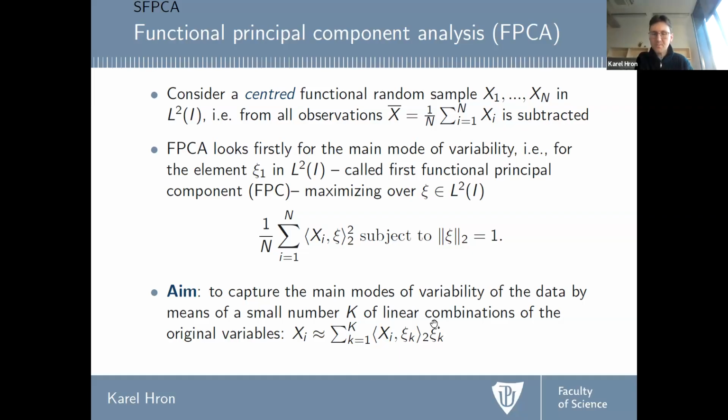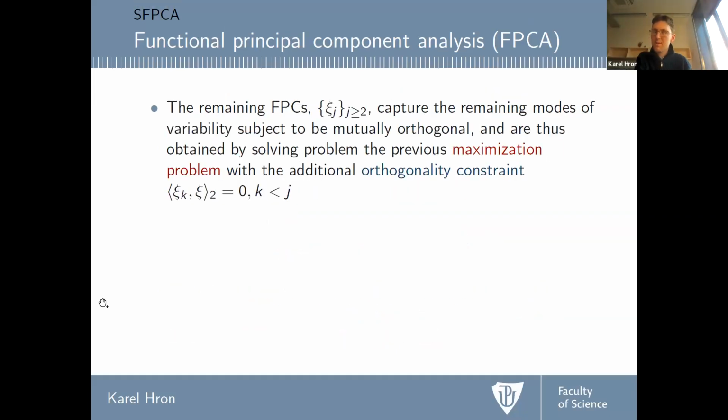So in this sense, we also produce some new coordinates, which are called scores in this context. Of course, when we have the first functional principal component, we can also proceed to the remaining modes of variability, subject to the requirement that they be mutually orthogonal. So this basis representation is an orthogonal or even orthonormal representation, because these functional principal components, which we call also harmonics, are mutually orthogonal.